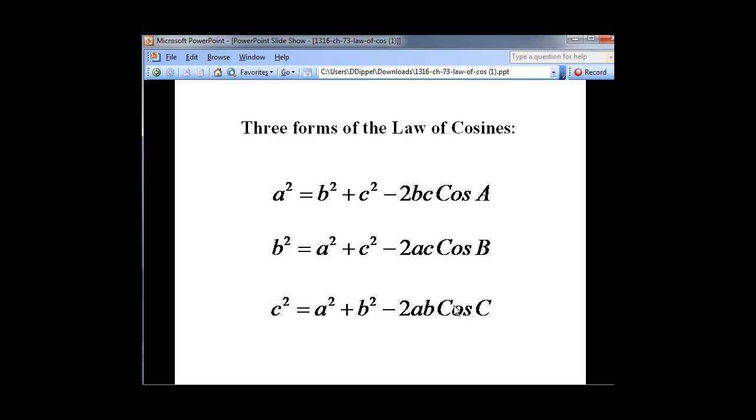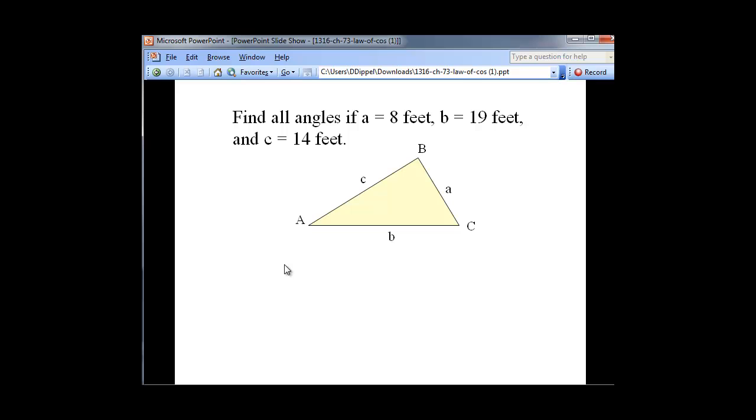It's the Pythagorean theorem, it's always plus, and then minus 2 times the two sides that are together, times the cosine of the angle that matches the alone side. Now this will work for side-side-side and side-angle-side when the law of sines didn't work. It just speeds things up for those particular problems.